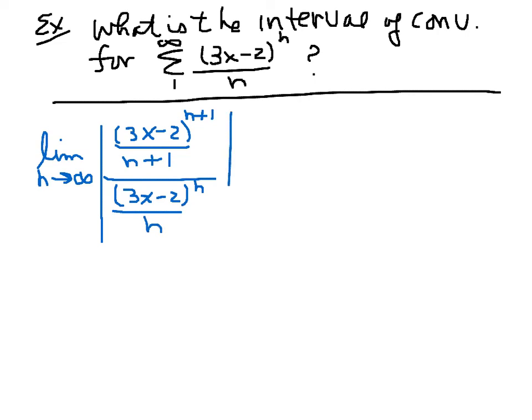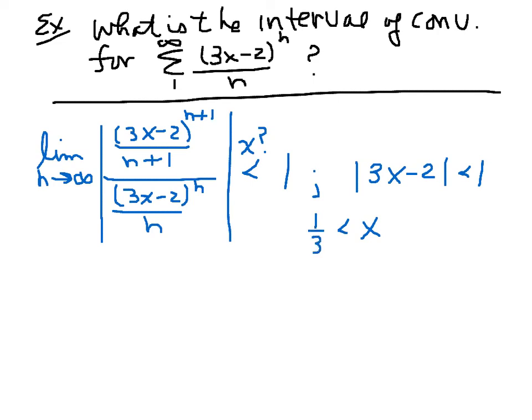This has to be less than 1, and we're asking what values of x make it less than 1. I'll skip a bunch of steps and show you where we get to. This ultimately comes down to the absolute value of 3x minus 2 being less than 1, and that means x has to be between 1/3 and 1.